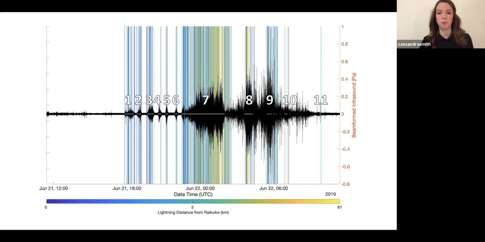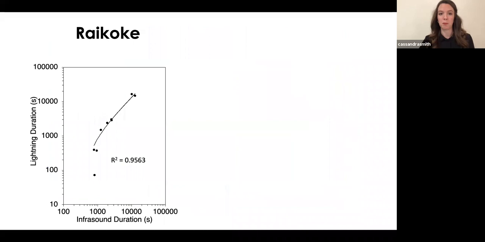So if we look at pulses 5 and 6 in particular, we get lightning strikes at the same time as infrasound detections. Infrasound turns off and lightning turns off. And then we get a gap and then it repeats. So one of the things I was interested in looking at here was, is there an actual quantifiable relationship between the infrasound duration and the duration of lightning being generated?